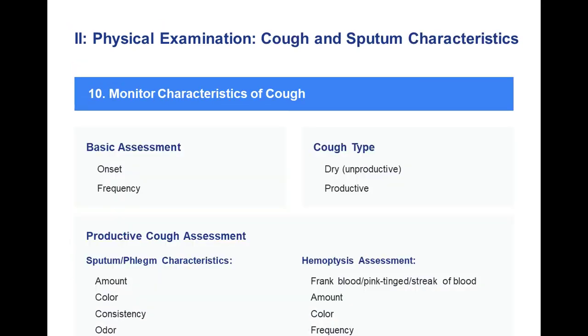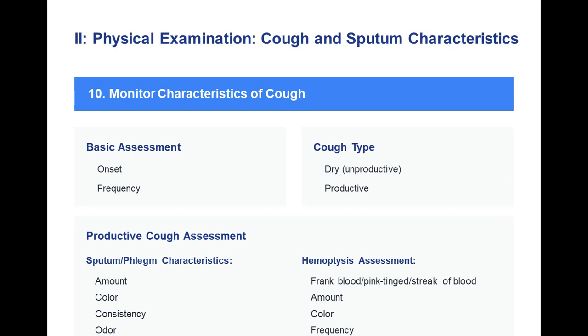This slide reiterates the detail required for the cough assessment, emphasizing that this is a continuous monitoring point. Remember the basic assessment points, the onset and frequency, and categorizing the cough as dry or productive. But our true nursing skill comes into play with the productive cough assessment. We document the specific characteristics of the sputum or phlegm: the amount, color, consistency, and odor.